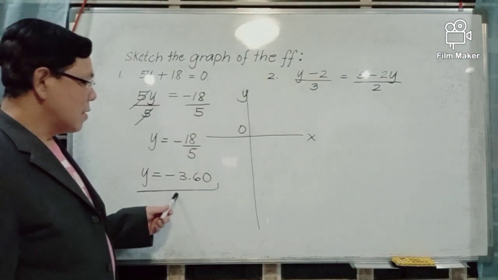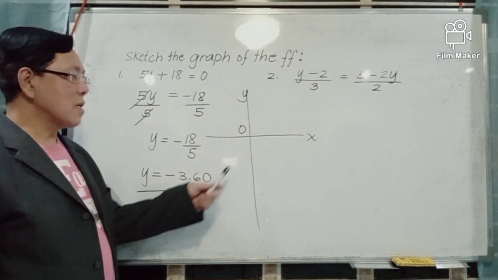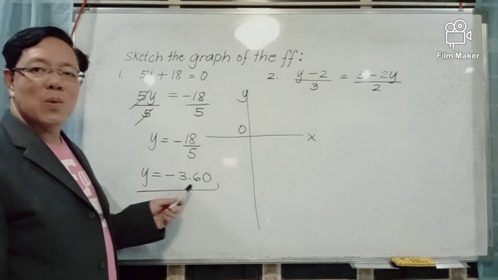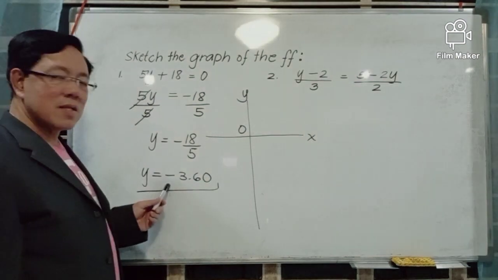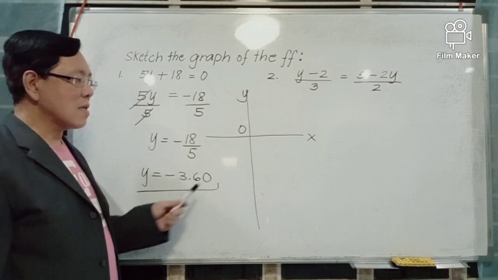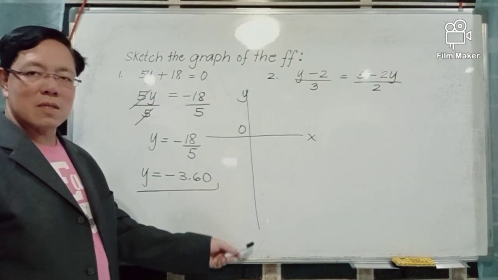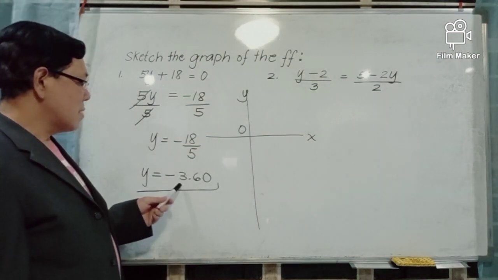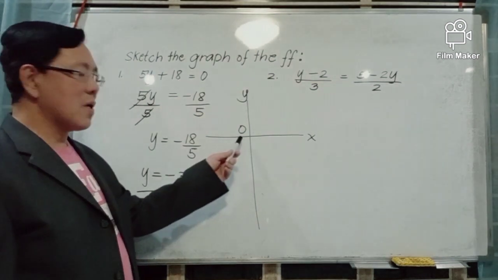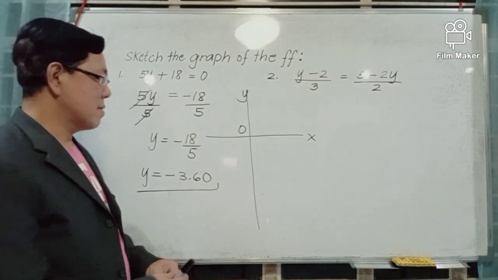And locate this value of y in the y-axis. Locate this point in the y-axis. Since the value of y is negative, this point is a point on the y-axis below the x-axis. You count approximately 3.6 units from the origin downward.